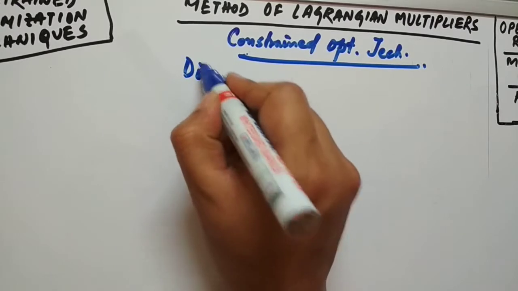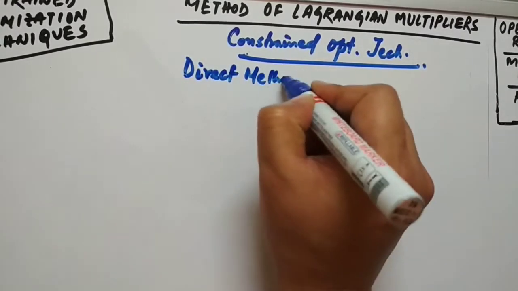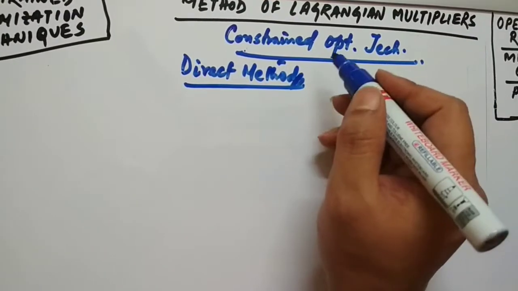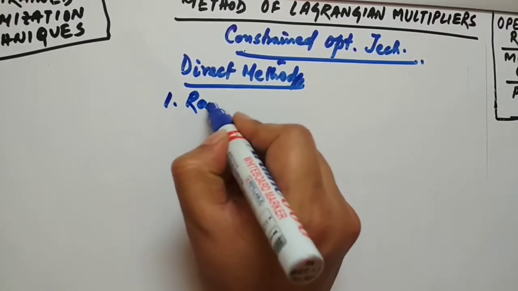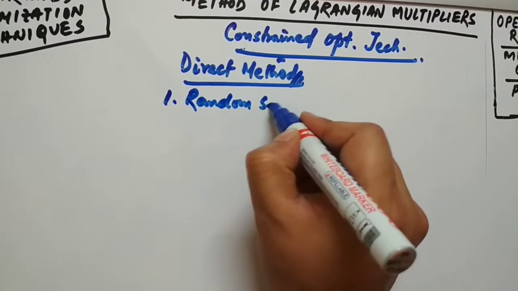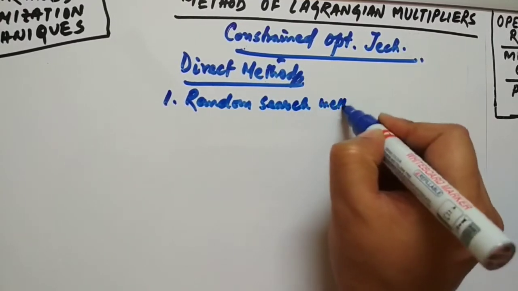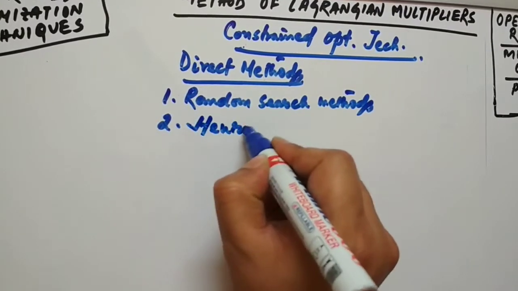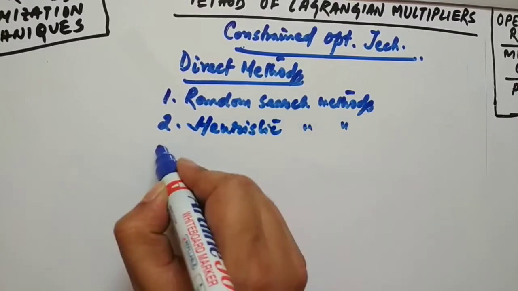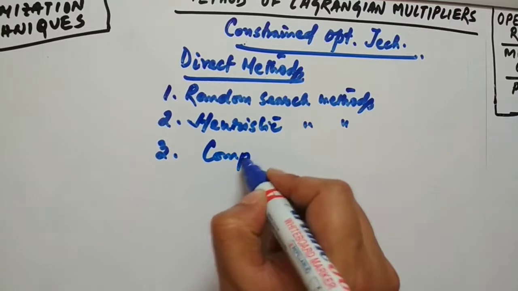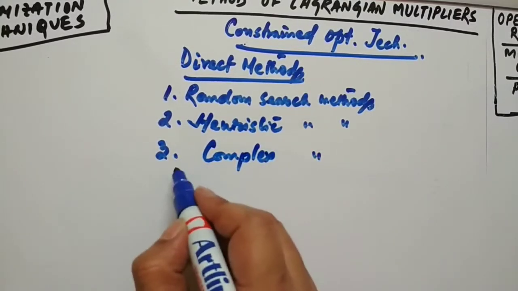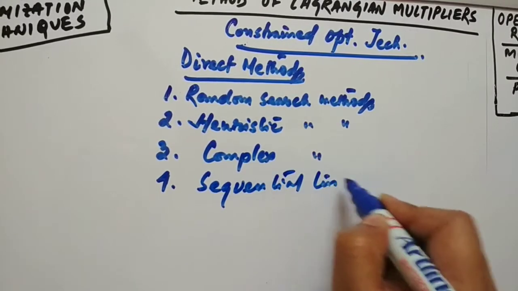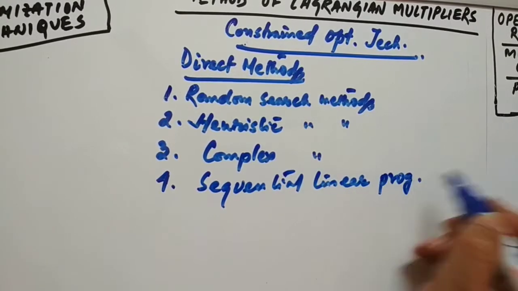Similarly to the unconstrained case, we are having direct methods, and I will write the names for you: random search methods, then heuristic search methods, then the complex method, then the sequential linear programming method.